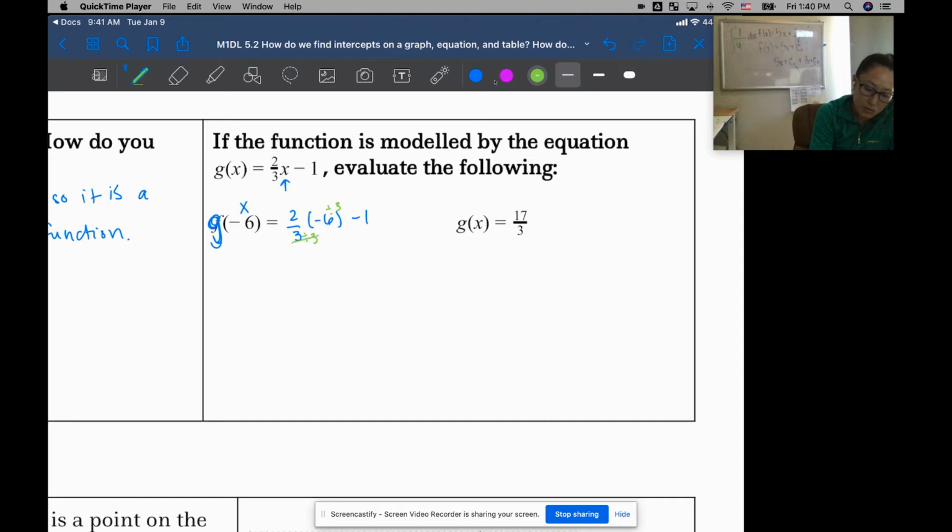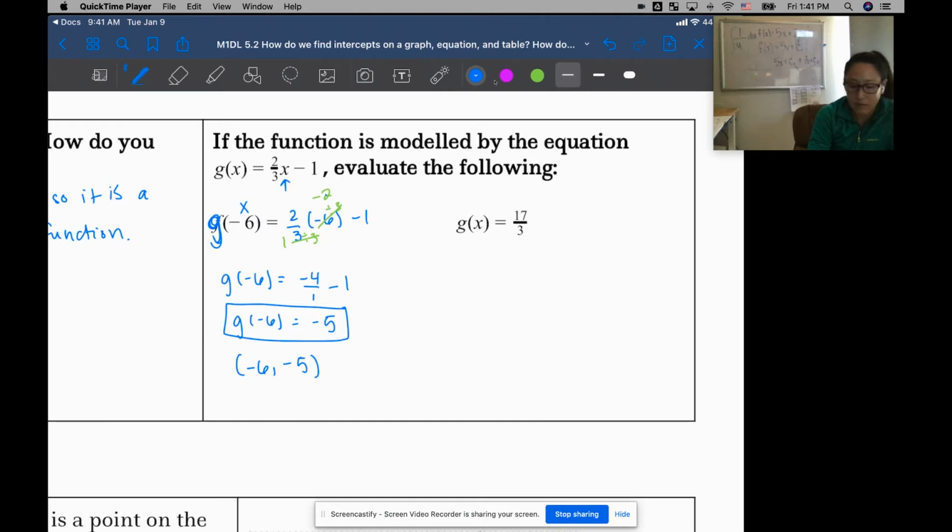So 3 divided by 3 is 1, and -6 divided by 3 is -2. So I get g of -6 is equal to 2 times -2, which is -4, over 1, minus 1. So g of -6 is equal to -5. So when x is equal to -6, y is going to equal -5.